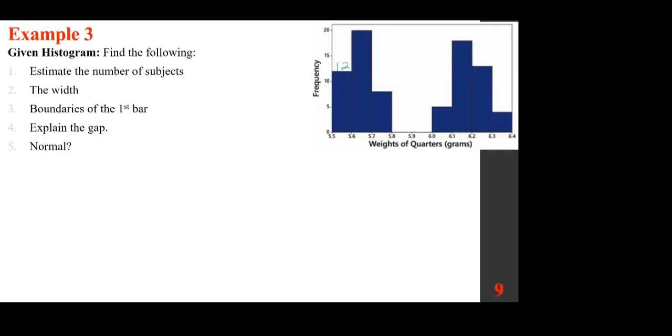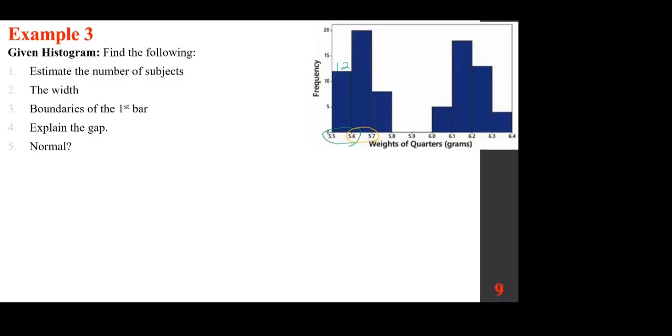What about the width? First and foremost, let's talk about the third one, the boundaries. These are the boundaries for the first class, and then these two would be the boundaries for the next class, and then you move on all the way to the end. I hope everybody is clear. So we have number one, we have number three in essence. The boundaries for the first one are 5.5 and 5.6, and therefore the width is the difference between the two.